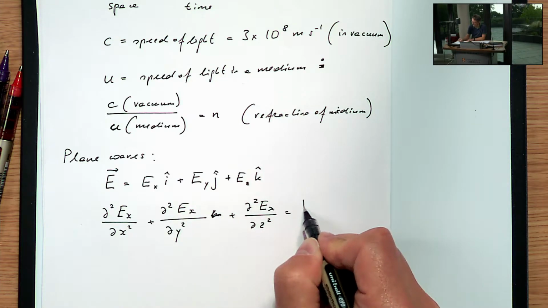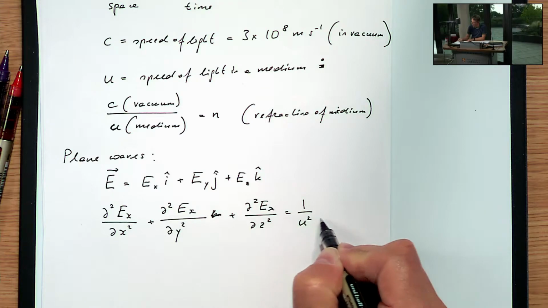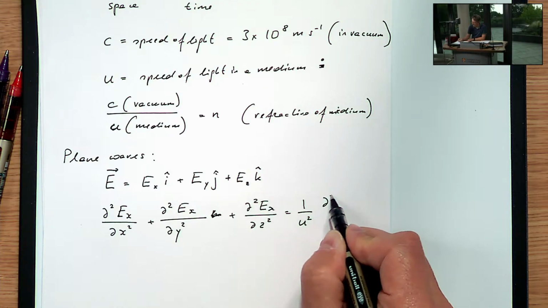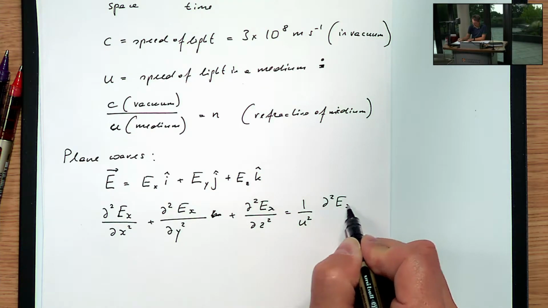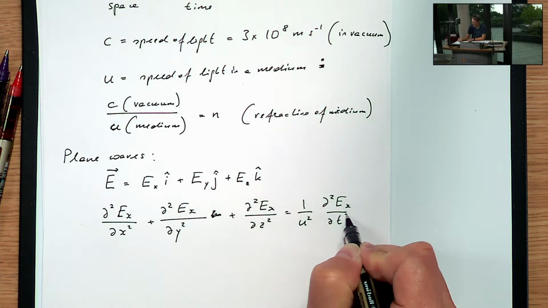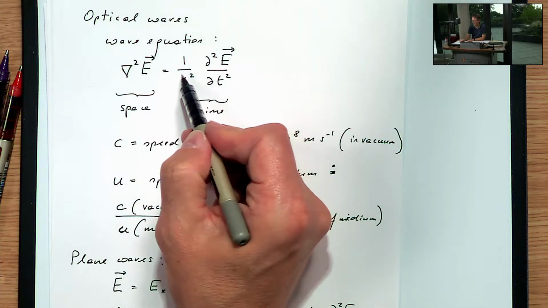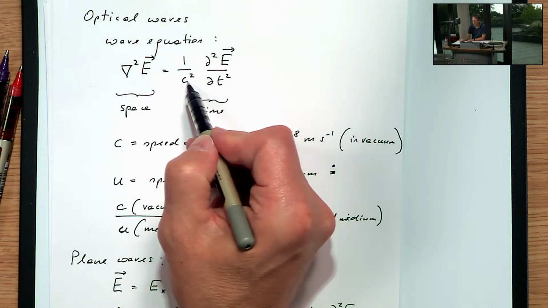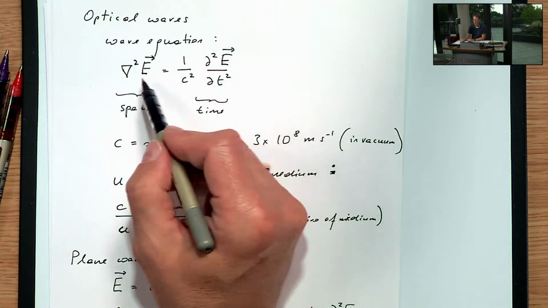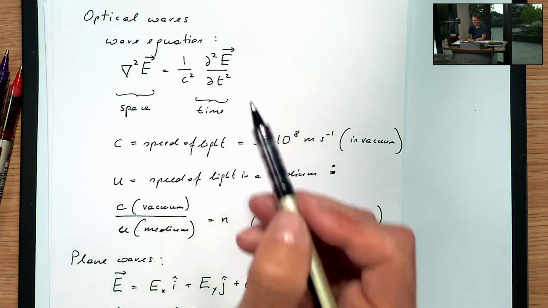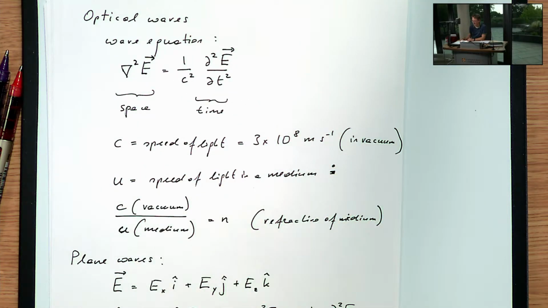And that is given now by 1 over u squared, d squared Ex by dt squared. So this equation here is in vacuum, but if you replace c with u, you get the corresponding wave equation in a medium of refractive index n, where n is c divided by u.